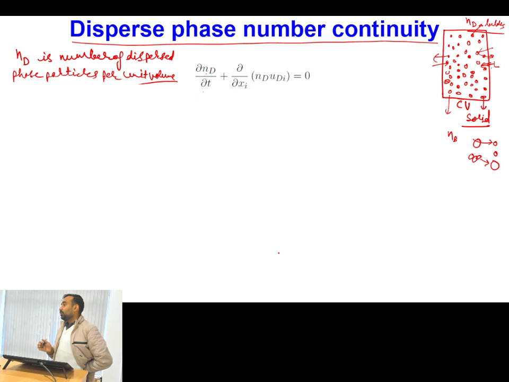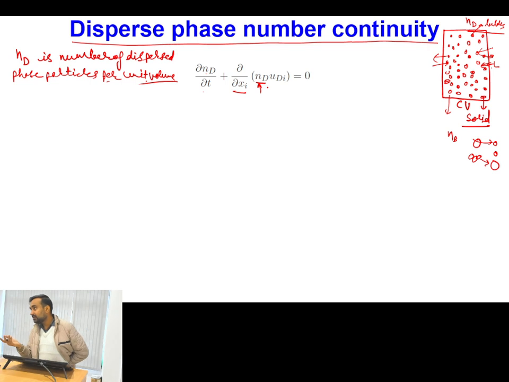We write the continuity equation on a per unit volume basis. If I do not use this per unit volume term, then in this continuity equation we have to use Nd by V. But as I have defined Nd as the number per unit volume, I am simply writing del by del t of Nd. Is this point clear? Plus del by del xi of Nd UDi, where Nd is the number of dispersed phase particles and UDi is their velocity in the ith direction.